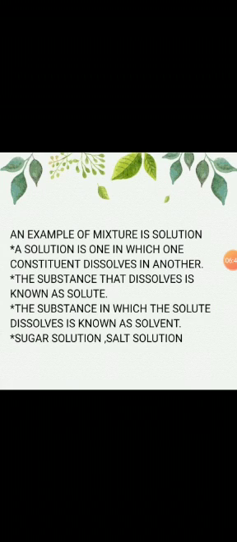The substance that dissolves in water is known as the solute. So sugar is the solute here, salt is the solute here. The substance in which the solute dissolves, that is the water, or milk if you pour 1 spoonful of sugar and dissolve it, is known as the solvent. So the examples of solution can be sugar solution, salt solution, or many more solutions.